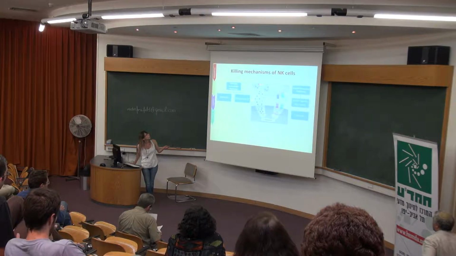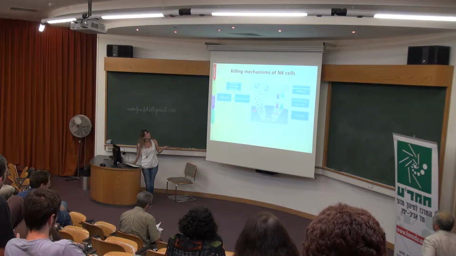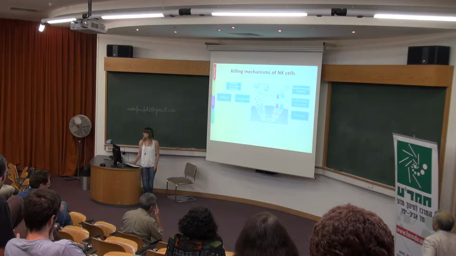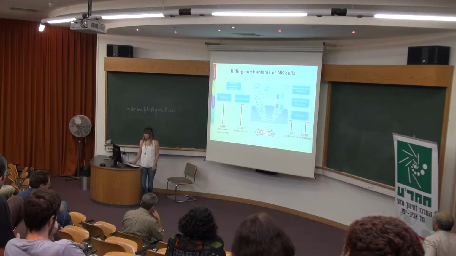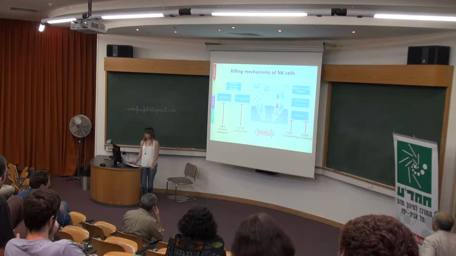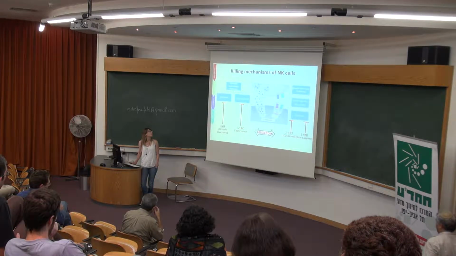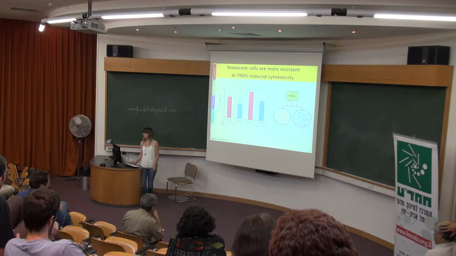Perforin is responsible for perforating the target cell membrane, enabling the release of granzyme into the target cell, where it can induce both caspase-dependent and independent apoptosis. Both pathways have specific inhibitors, therefore we can evaluate the specific contribution of each pathway to the senescent cell killing.